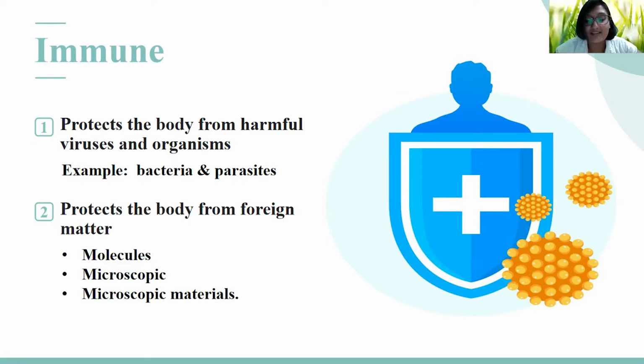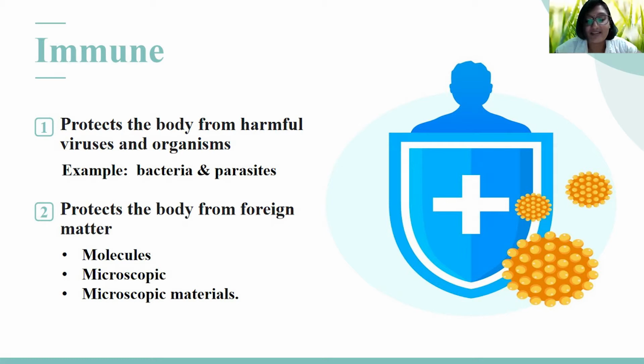Immune means the ability of an organism to resist particular infections. Any bacteria or parasites which harm your body, the first defense is from your immune system, which is innate immune system and acquired immune system.